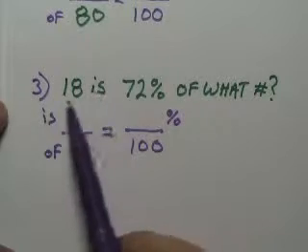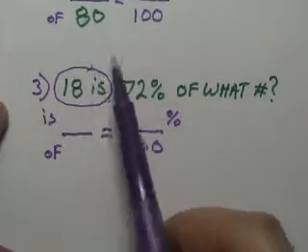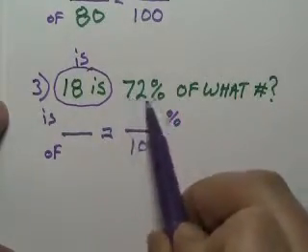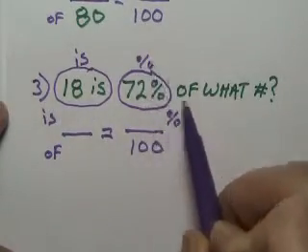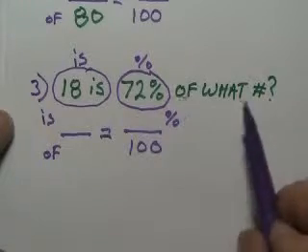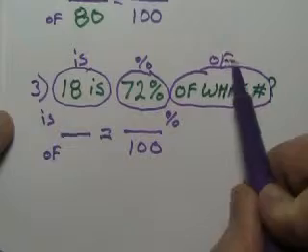Okay, now let's see what we got here. We have 18 is, okay, well that must be the is. 72%, well that's my percent number. Of what number? We don't know the of number. That's what we don't know. This is the of, and that's not given to us.